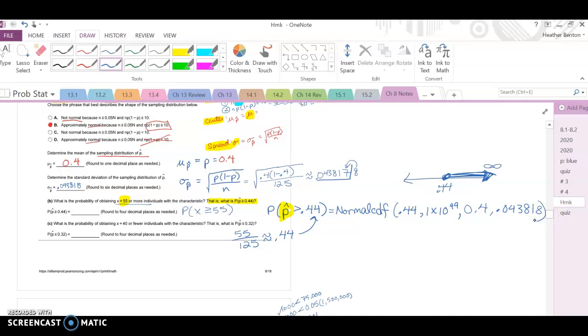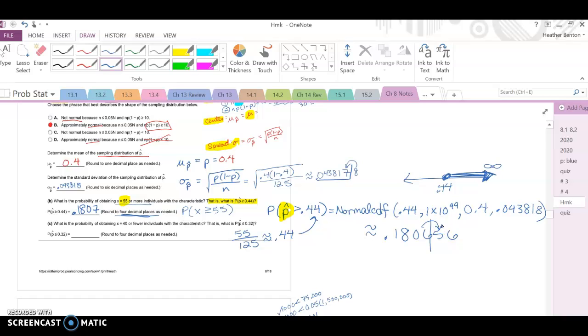So let's put that in our calculator, and we get 0.180656. This time we're going to 4 decimal places, so this would be 0.1807. It's the 4th decimal place. The 5 makes it round that 6 up to a 7.